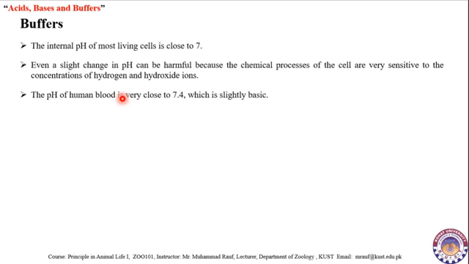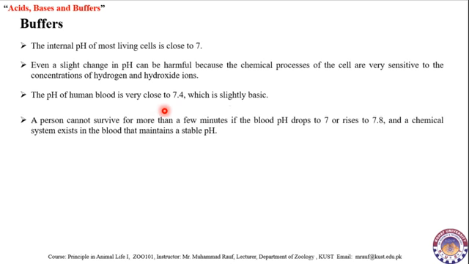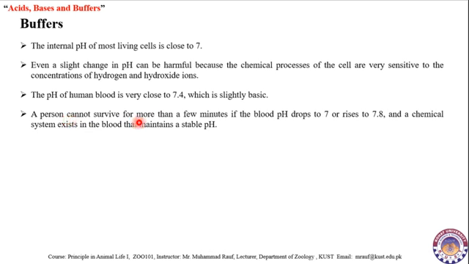The pH of human blood is very close to 7.4, which is slightly basic. If the value is increasing beyond 7, then the solution becomes basic. If it is decreasing below 7, then the solution becomes acidic. A person can't survive for more than a few minutes if the blood pH drops to 7 or rises to 7.8, and a chemical system exists in the blood that maintains a stable pH.